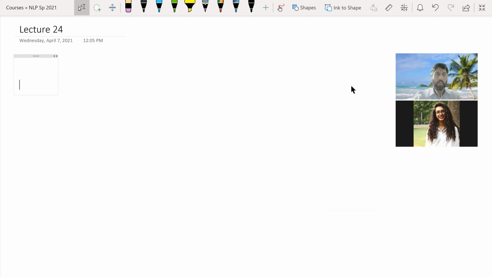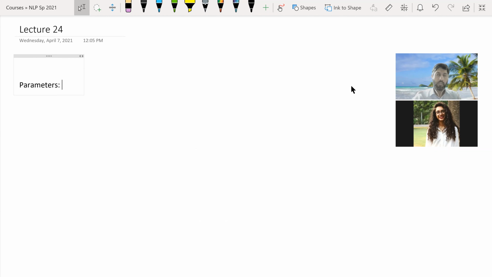So let's start with our discussion on deep neural networks and some of the issues that surround it. So we talked about parameters. There are a lot of parameters in a typical deep neural network, including recurrent models.